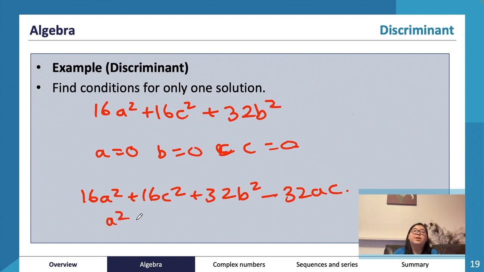We can simplify that down to c squared plus b squared plus 2b squared, minus 2ac has to equal 0. So that's the relationship we need between all of those numbers, if they're all non-zero numbers.